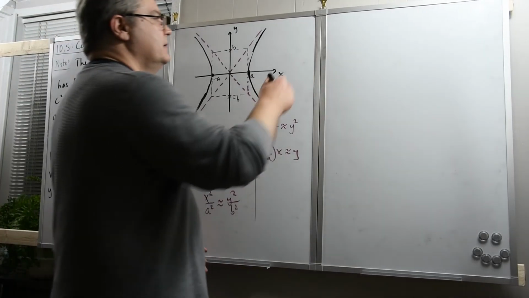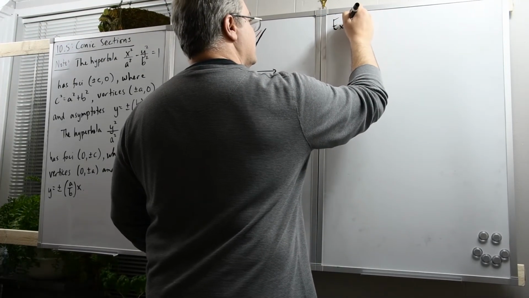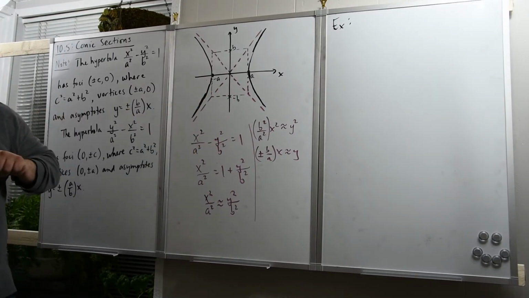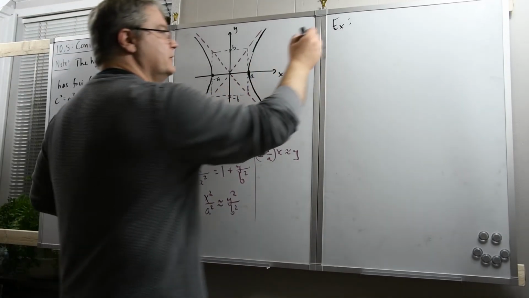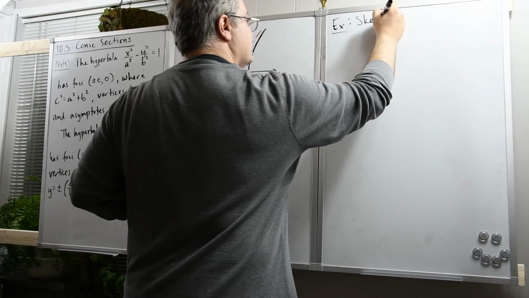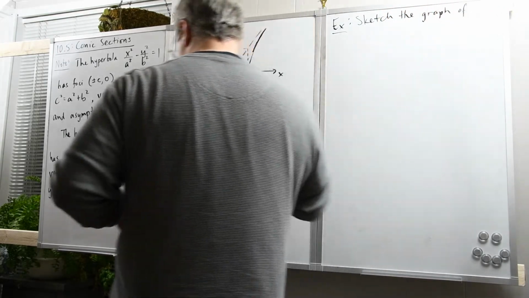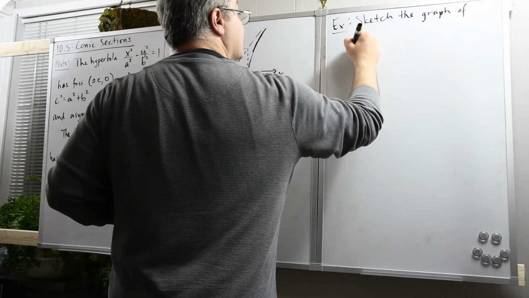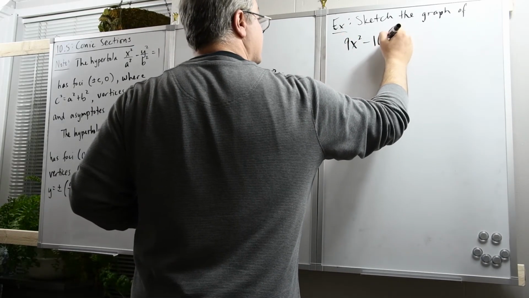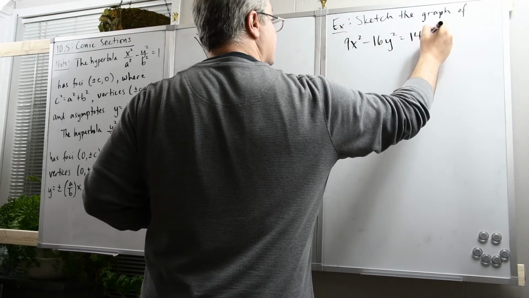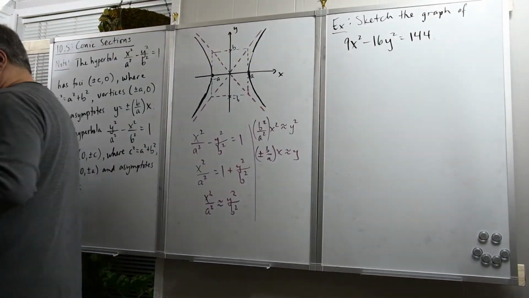All right, so let's apply what we've learned over here to do the next example. We're going to sketch a graph of 9x squared minus 16y squared is 144.